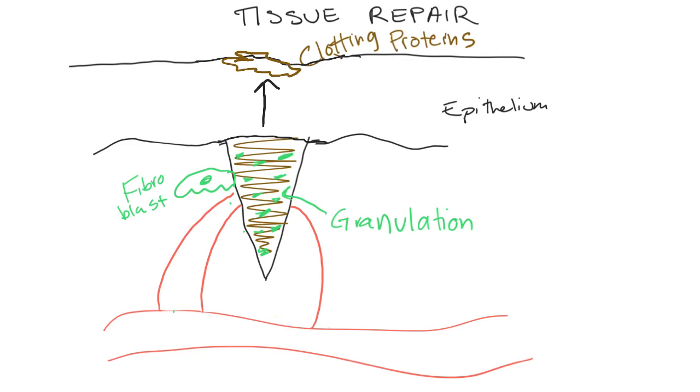You're also going to have macrophages. What they're going to do is eat the old debris, essentially. As the fibers are going in there and replacing the scab tissue, you have to get rid of that tissue somehow, and the macrophages are going to digest that and get rid of it.